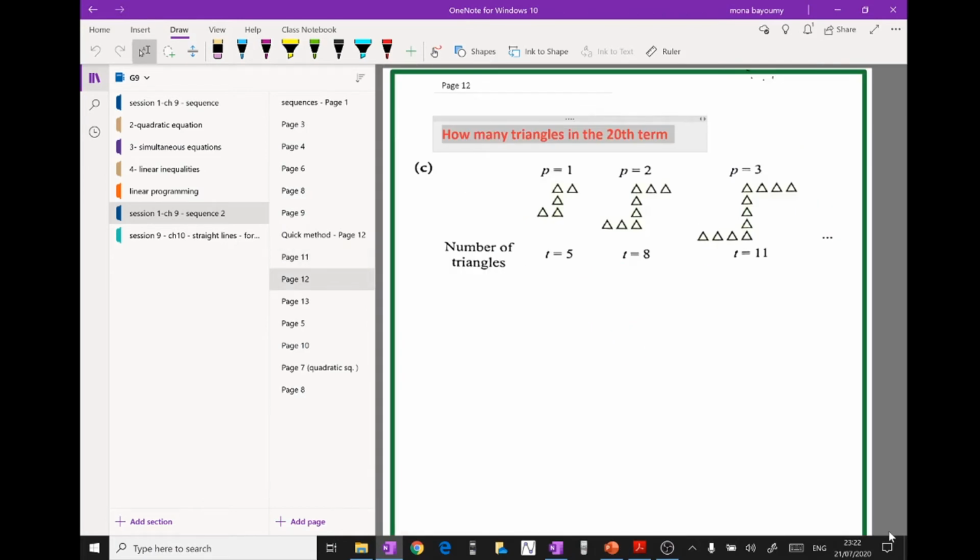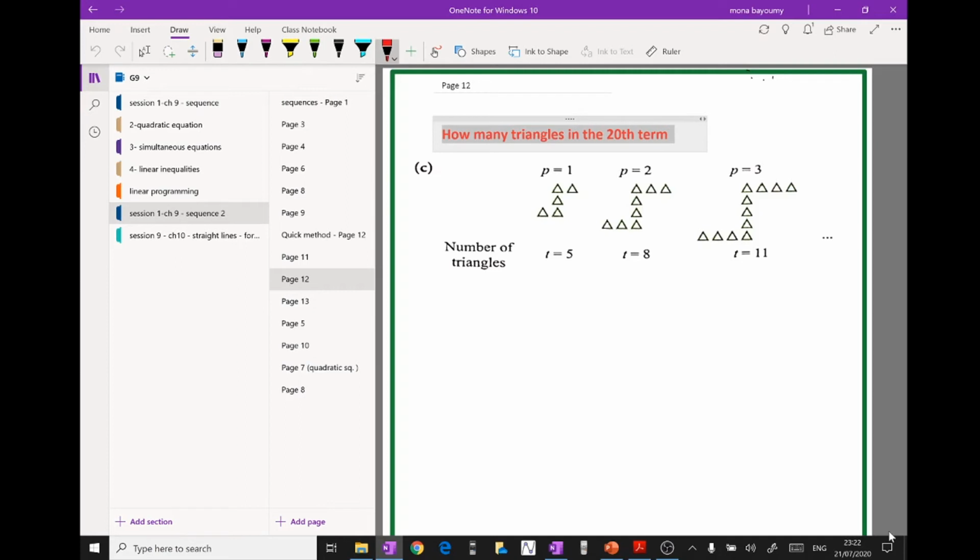Here we have triangles in a specific pattern, and he asked us to find how many triangles are in the 20th term. To find it, we have to find the nth term. To find the nth term, I have to write the sequence.